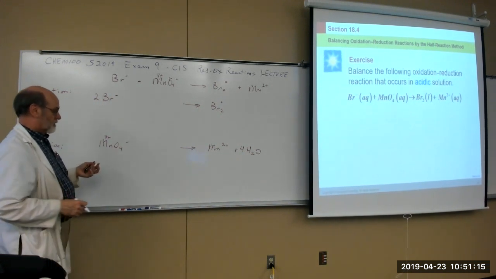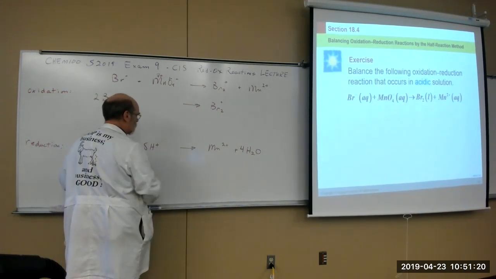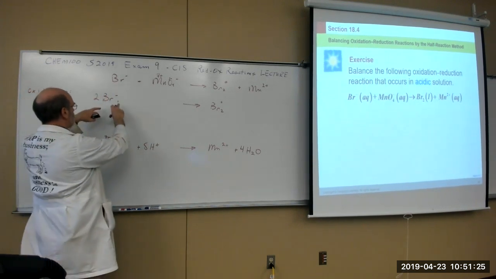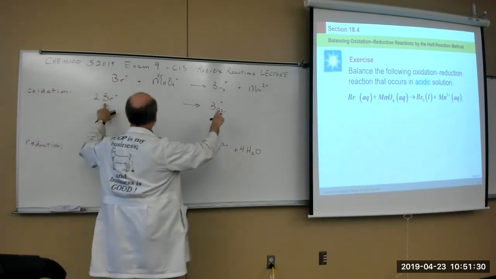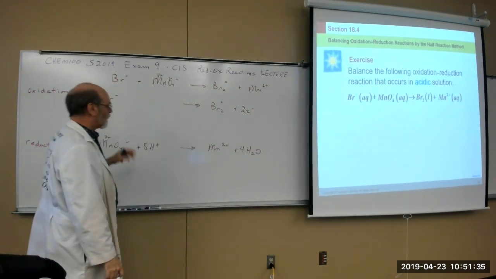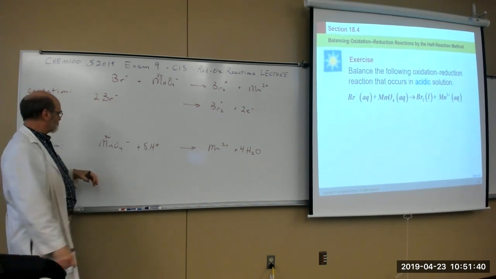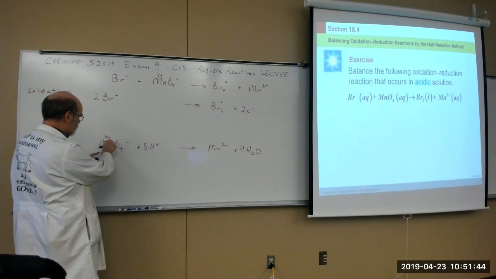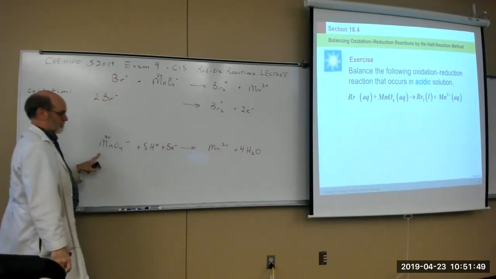Now for hydrogens, we added 8 hydrogens over there, so we need 8 protons over here. Now we do electrons. If this is oxidation, we've lost 2 electrons. That means the 2 electrons have to be over here. 1 electron for each bromine, we've got 2. So this side, we have to gain electrons. So from 7 plus to 2 plus, we had to gain 5 electrons.